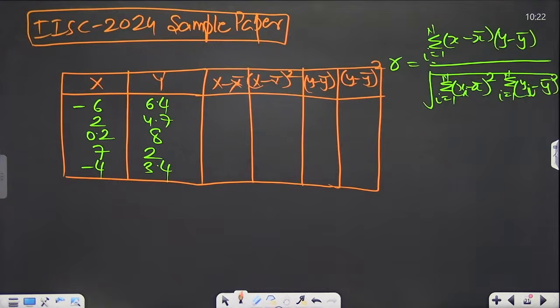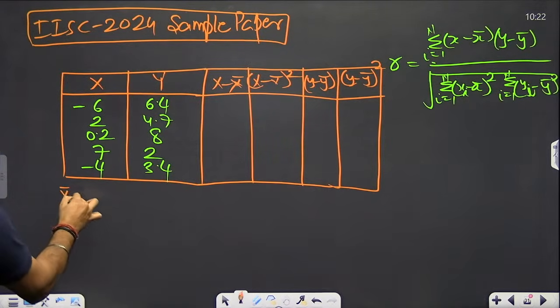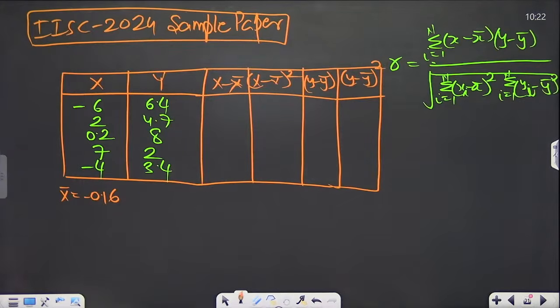So what would be x bar here? You would be getting x bar as negative 0.16.